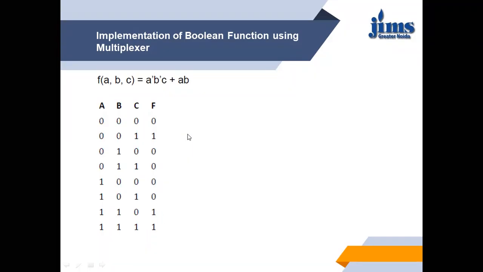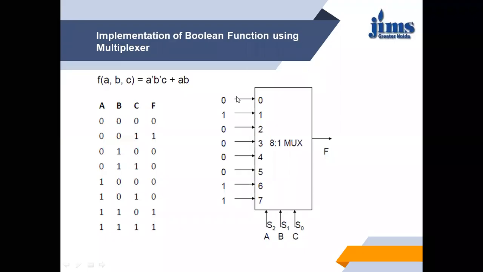And what we do when we are using a simple 8 is to 1 mux is put the value of the output directly to the input lines. So I0 is 0, I1 is 1, then 0, 0, 0, 0, 1 and 1. So 0, 1, 2, 3, 4, 5, 6, 7, these are 8 input lines, and whatever is the value of the output in the truth table will be directly implemented with the help of the 8 is to 1 mux.